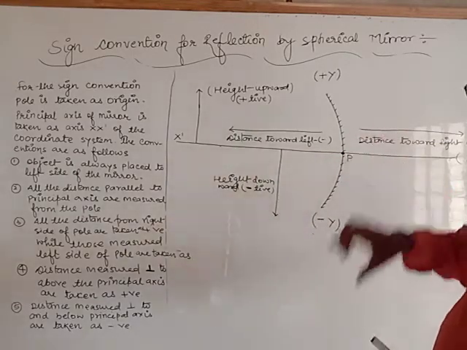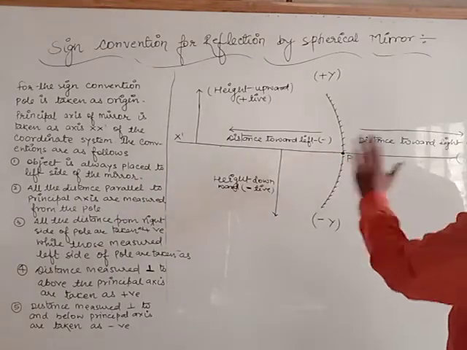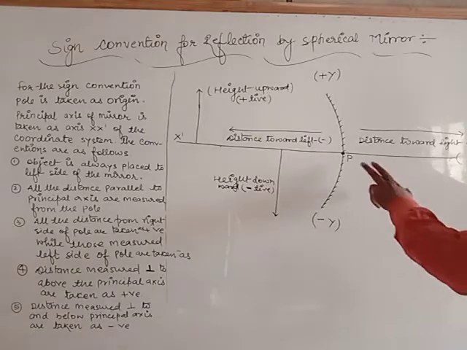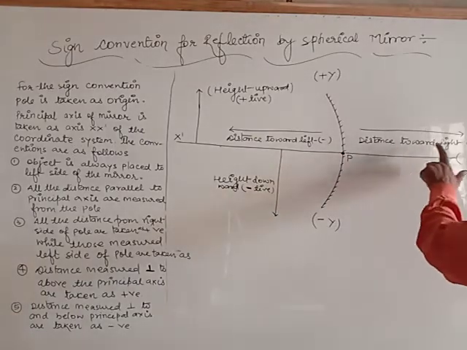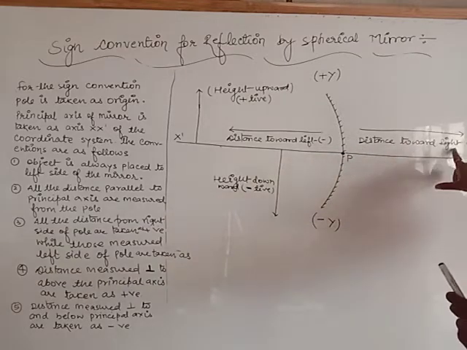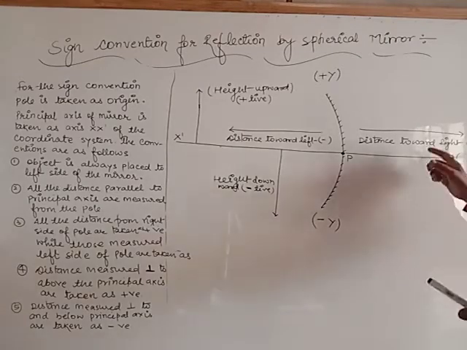The pole of the mirror is placed at the origin, for any kind of mirror. Distance toward the right is taken positive.